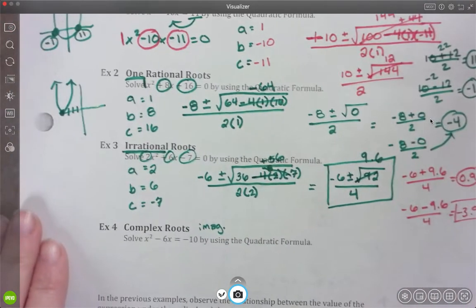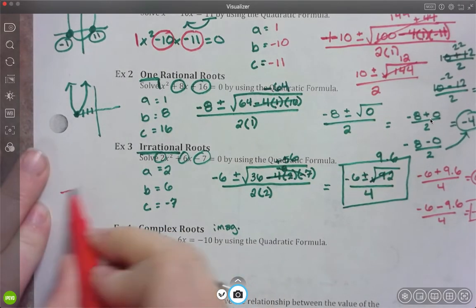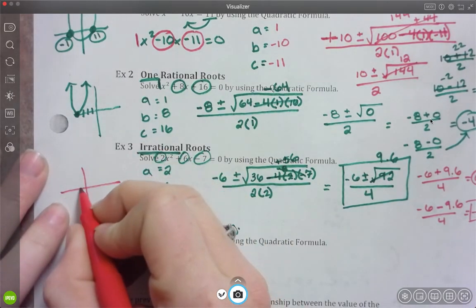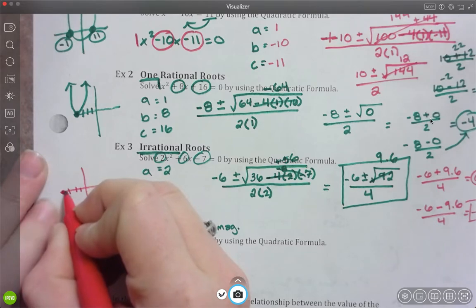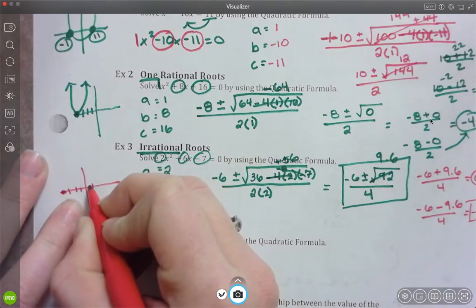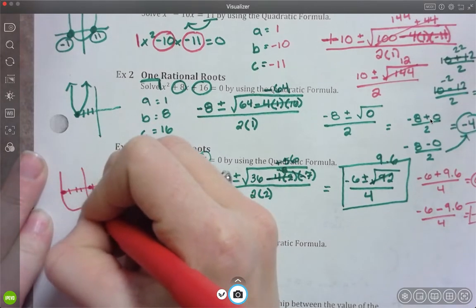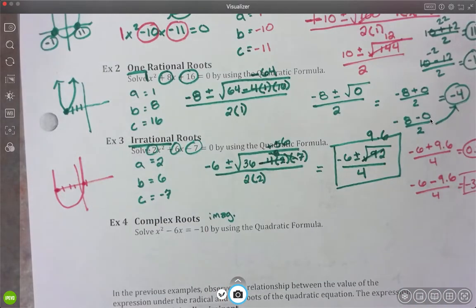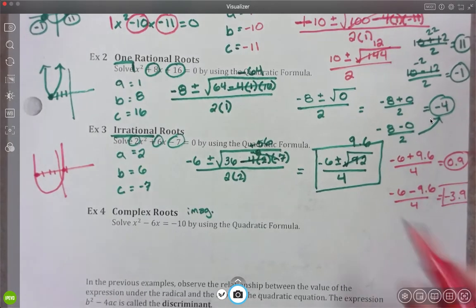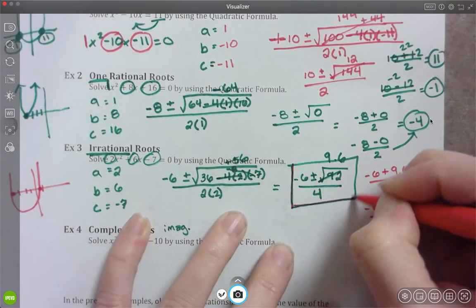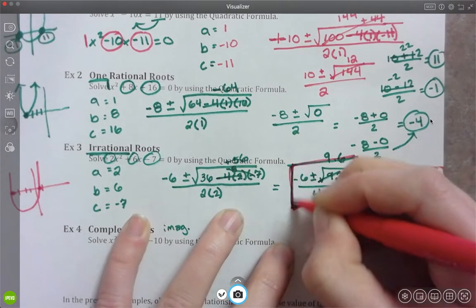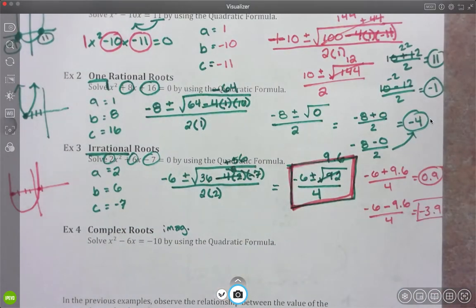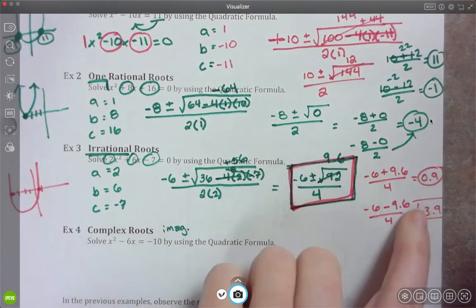He's just going to look really ugly. So, he's going to be at negative 3.9, so about here, and excuse me, positive 0.9, and he's going to look like this. And he's a smiley face because it's positive. I think all of these are smiley faces, okay? So, again, the answer, we're just going to leave our answer like this. So this is the true answer right here. But just thinking about what that means, you have these 2 solutions, okay? Those 2 solutions.